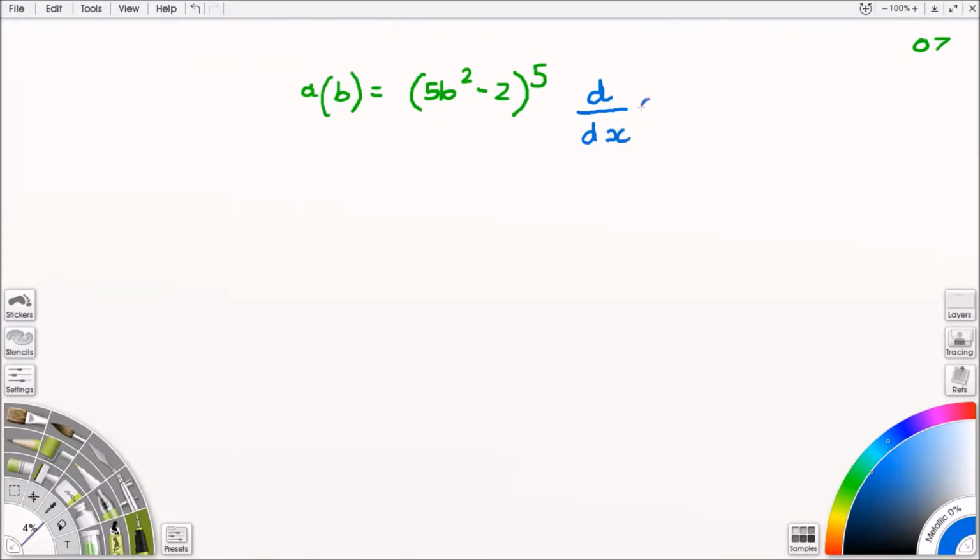But d dx of f of g, just in case you don't know what the chain rule is, I'm just going to write it here.